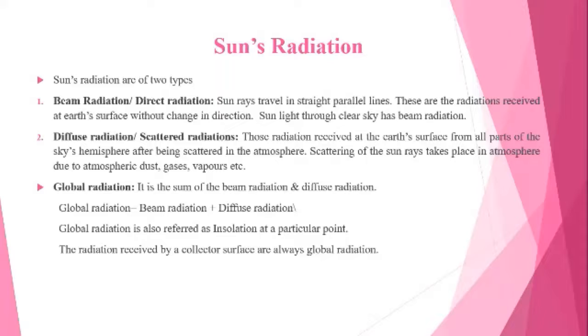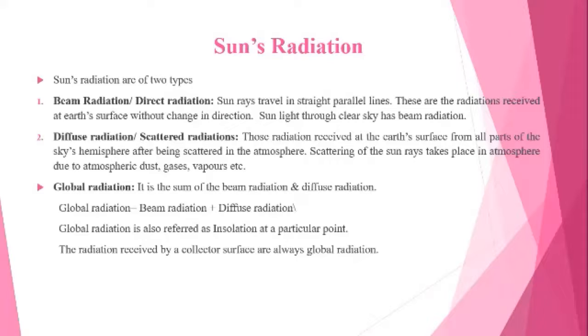Scattering of the sun rays takes place in the atmosphere due to atmospheric dust, gases, vapors, pollution, smoke, and other impurities in the sky, which are the reasons for the scattering of the sun rays.